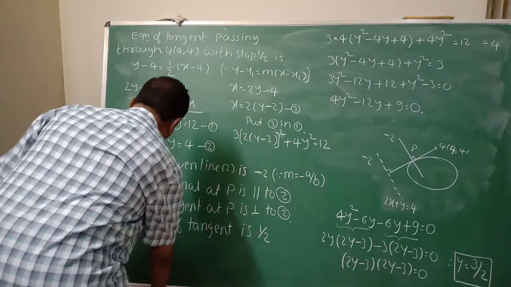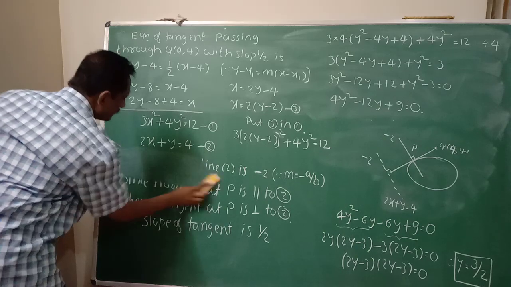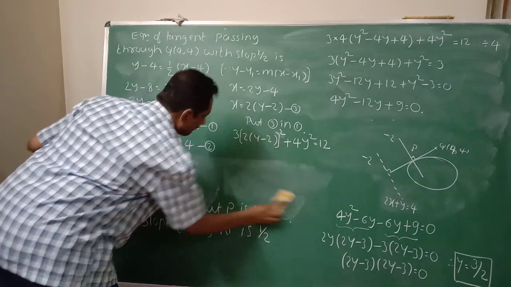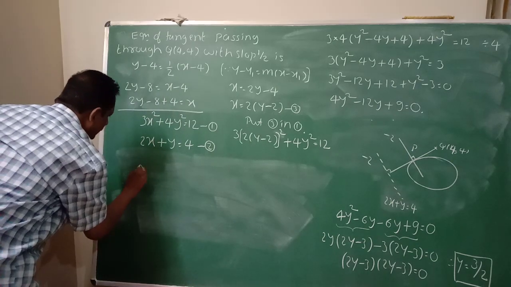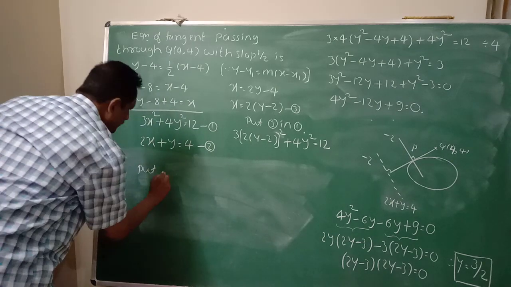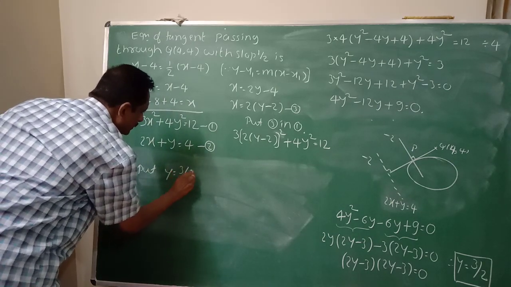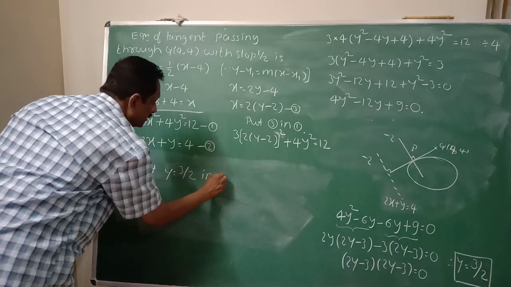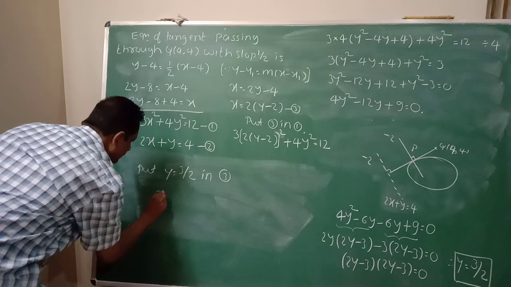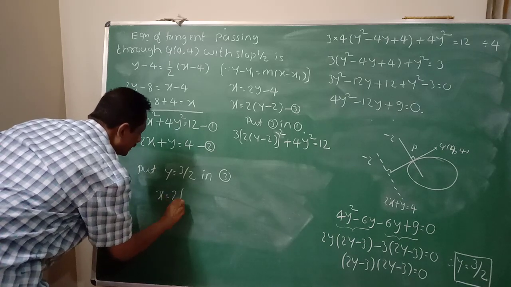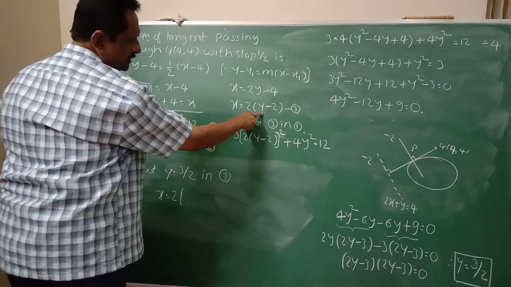Okay. So put here y is equal to 3 divided by 2 in the equation 3 here. So therefore x is equal to 2 into bracket here y value is 3 by 2 here.